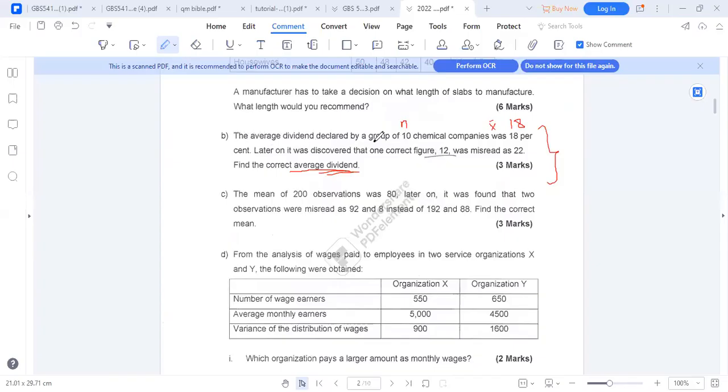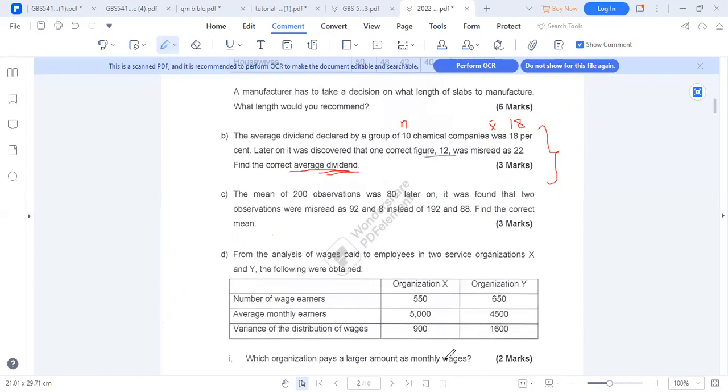The average dividend declared by a group of 10 is 18. So meaning the mean for 10 people is 18. But when we're auditing this mean of 18, we discovered that we got this 18 erroneously. Why?